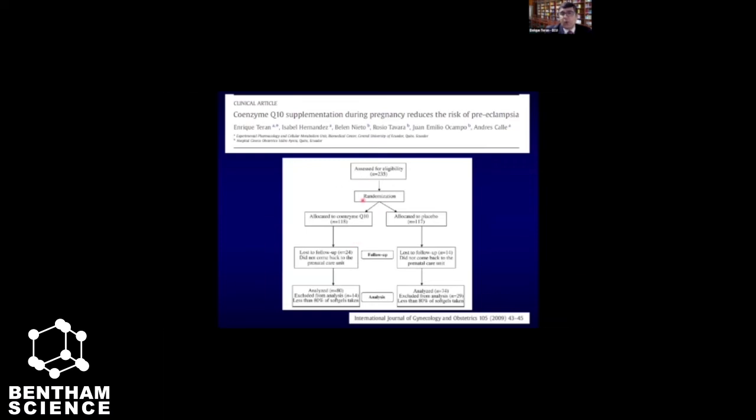We decided to work with more than 200 pregnant women. We captured them as early as possible during pregnancy, ideally before week 16, and we started giving them either Q10 200 milligrams or the corresponding placebo and followed them up during the whole pregnancy.